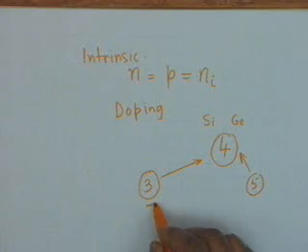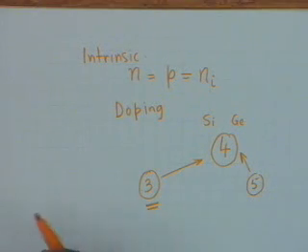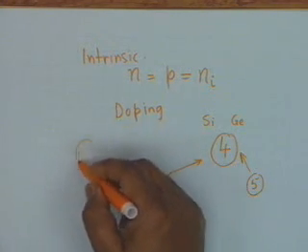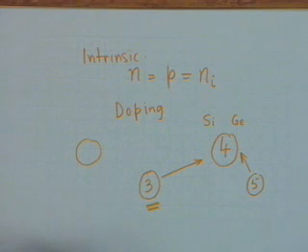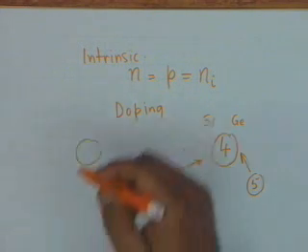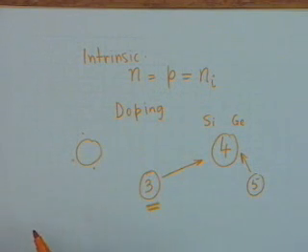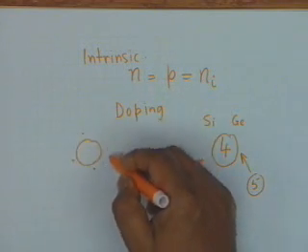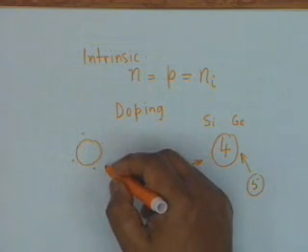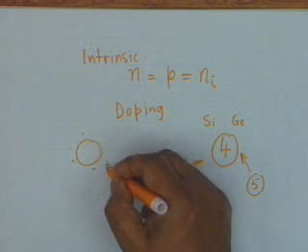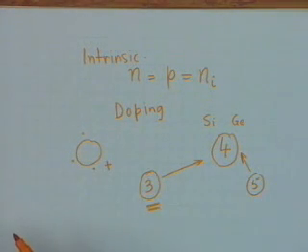For example, if it is a boron or a trivalent impurity, then a trivalent impurity atom occupies the position of a silicon atom and can satisfy only 3 of its bonds. The 4th bond remains unsatisfied, which means that a hole is created there.